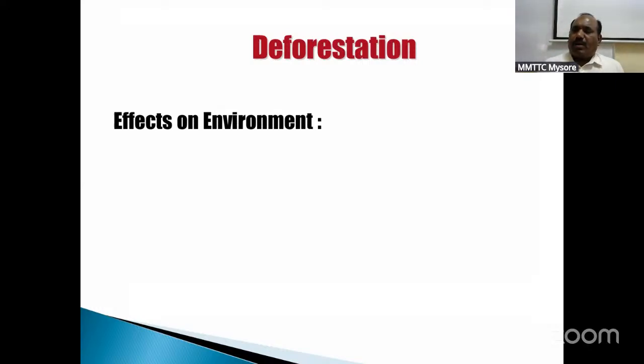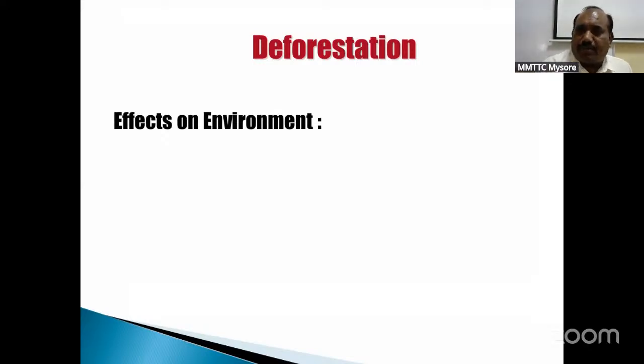With respect to the land area, the population, and the agriculture, we have to conserve 31% forest area. As on today we have only 21%, so 10% deforestation has already taken place. There is a demand to increase the forest area at least by 9% next year. I don't know when we are going to achieve this.